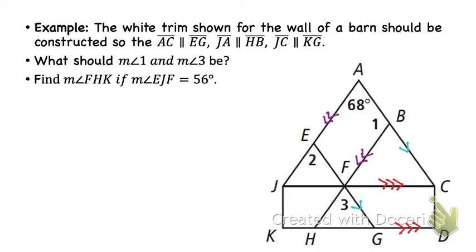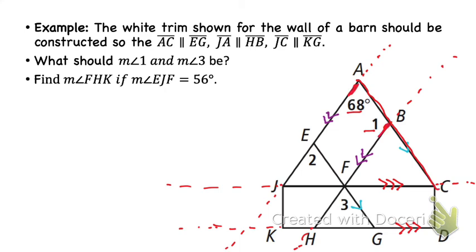Okay, so now using this information, I do want you to know that this line extends. These parallel lines and these transversals, they all extend on forever and ever, they don't stop. So if I'm looking for angle 1, it says find measure of angle 1. 68 and 1 are on the same side of this transversal and on the inside of these parallel lines.